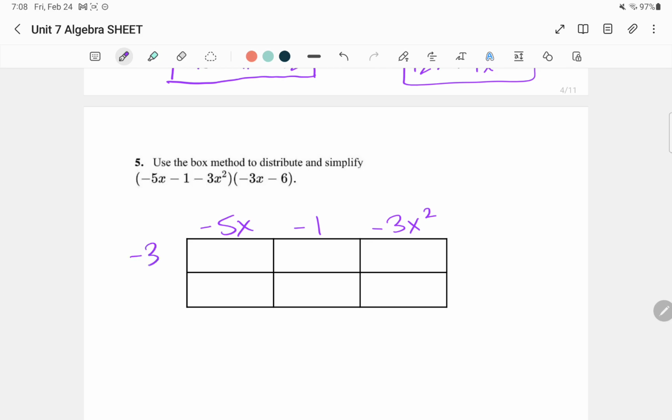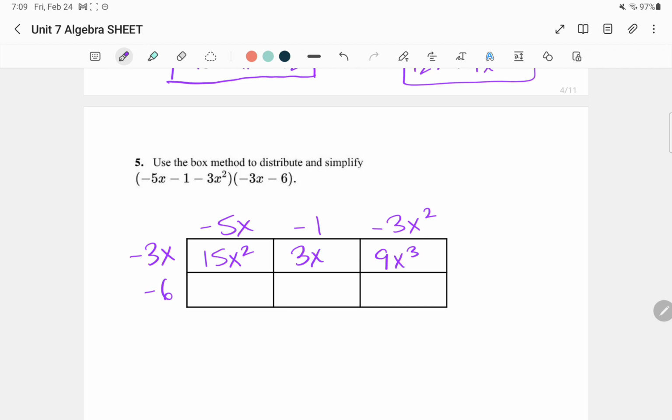So negative 3x is going to go here, and negative 6 is going to go here. And now I'm just going to multiply like I did before. Negative 3x times negative 5x is 15, because negative 3 times negative 5 is positive 15, and x times x is x squared. Negative 3x times negative 1 is positive 3x, and negative 3x times negative 3x squared is positive 9x to the third.